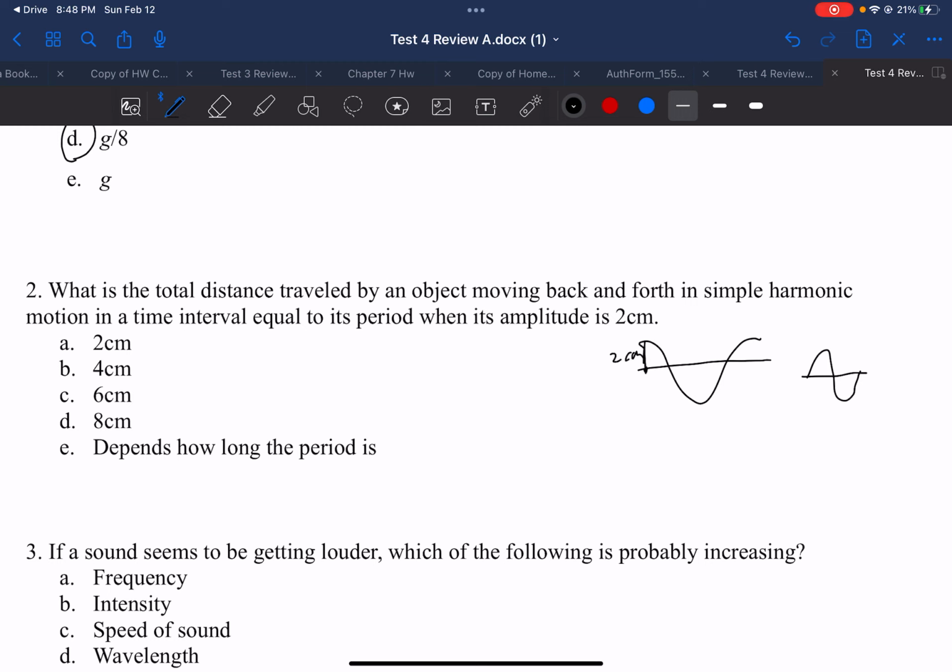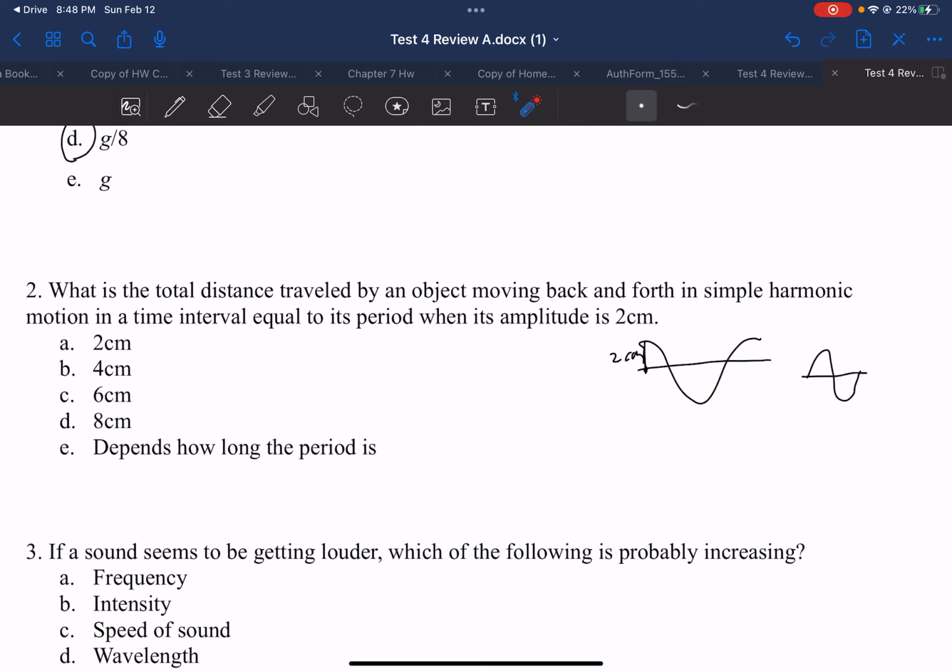No matter how you draw your function, the amplitude is always going to be 1/4 of the total distance traveled in a time interval equal to its period, because a period is a complete cycle. A complete cycle has 4 stages. In this particular iteration, the 4 stages are from the amplitude to the equilibrium, from the equilibrium to the negative amplitude, from the negative amplitude to the equilibrium, and from the equilibrium back to the amplitude.